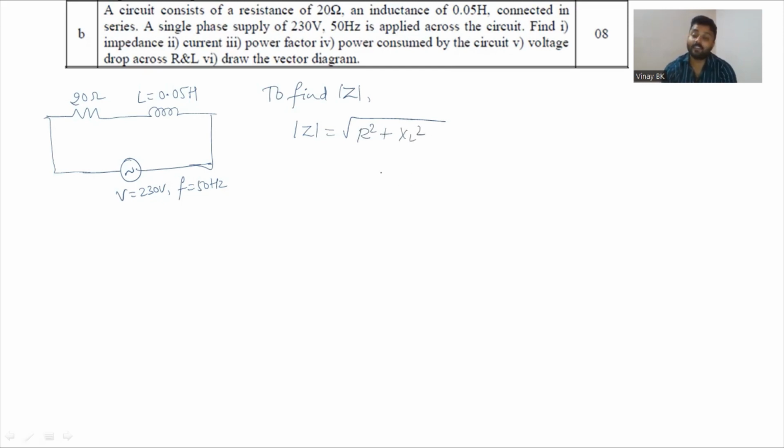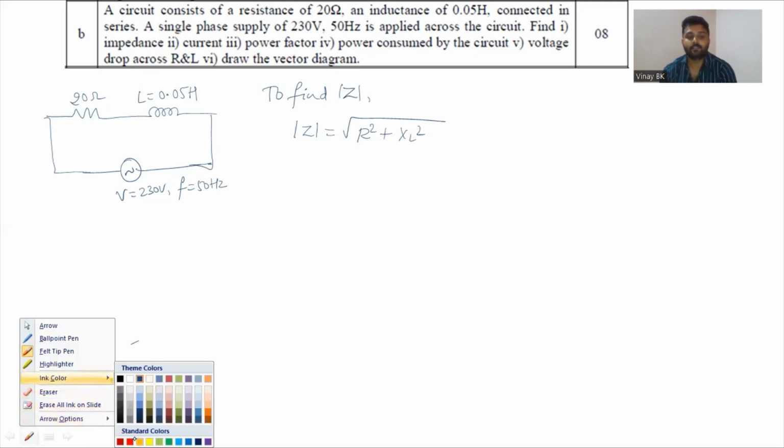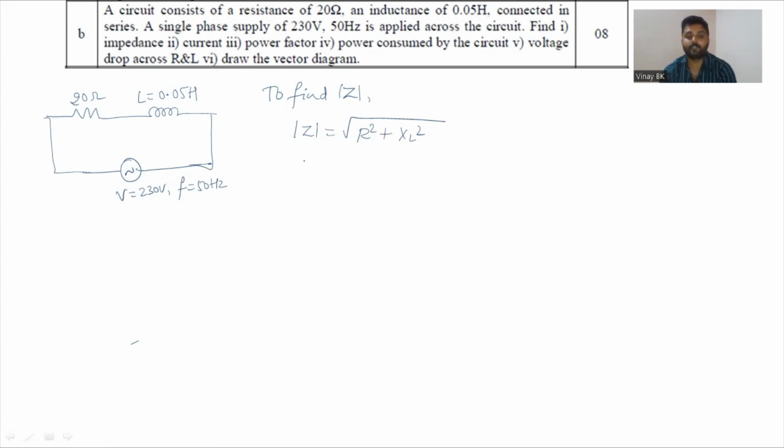R is given, L is given, but the value of XL is not given, so first you need to find the value of XL. XL is given by 2 pi f into L. You know all the values: frequency is 50 hertz and L is 0.05 Henry.